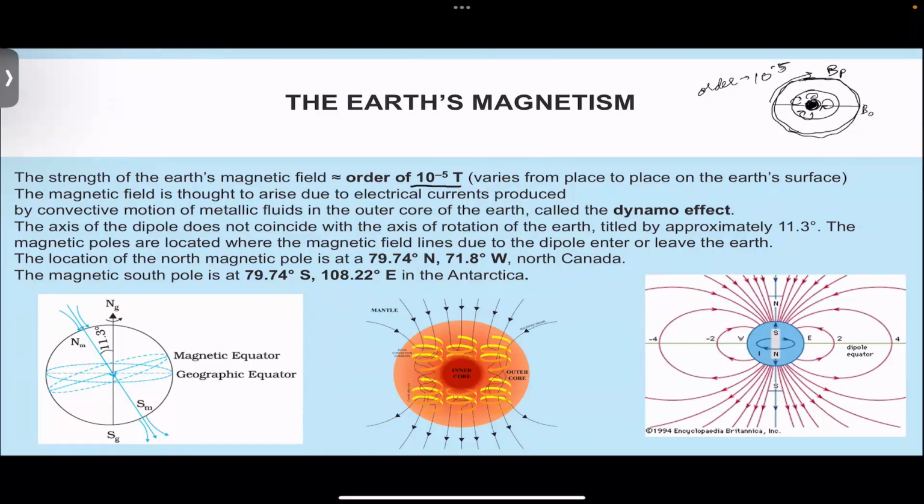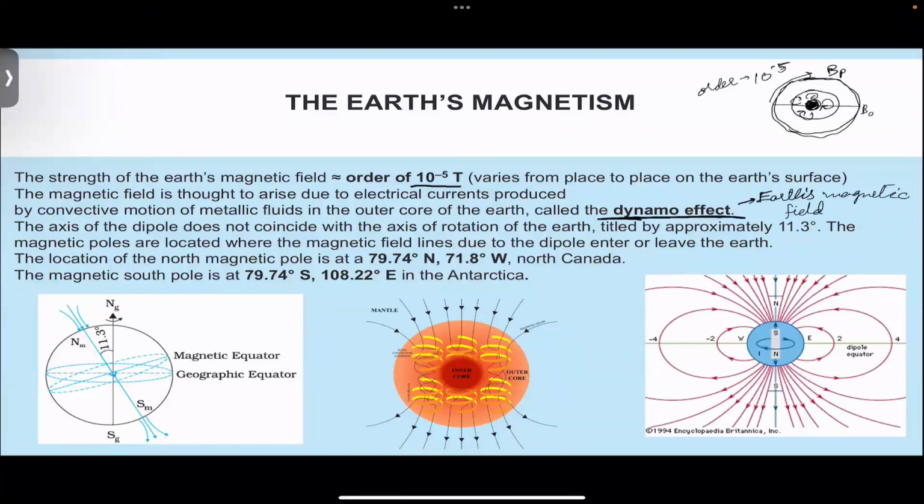This phenomenon is called the dynamo effect, and this is the reason why we say that Earth's magnetic field exists. This is the recent theory that we are considering as the origin of the Earth's magnetic field.